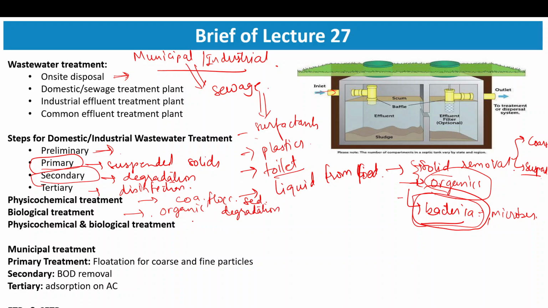However, if you club both of these, then it will be physicochemical biological treatment. So for municipal wastewater, you do flotation of coarse particles, then you do BOD removal in the secondary process.